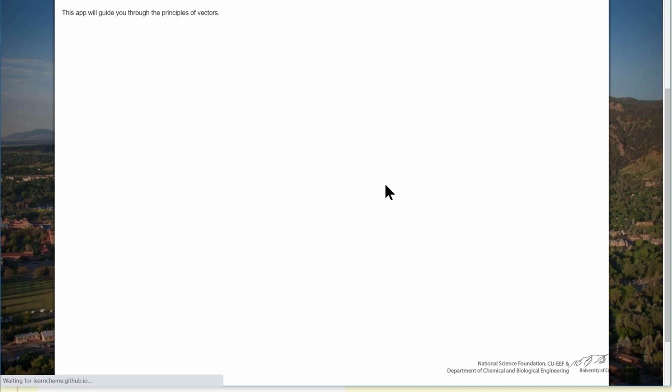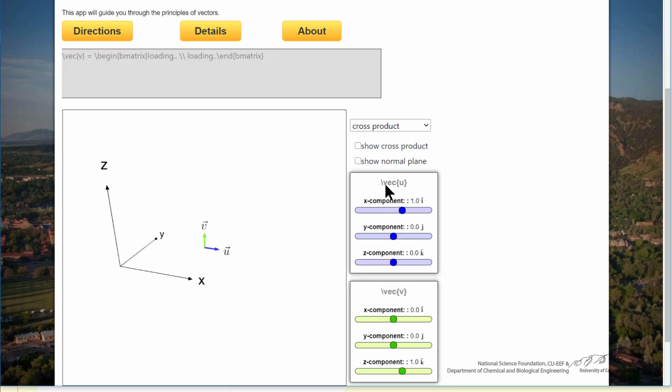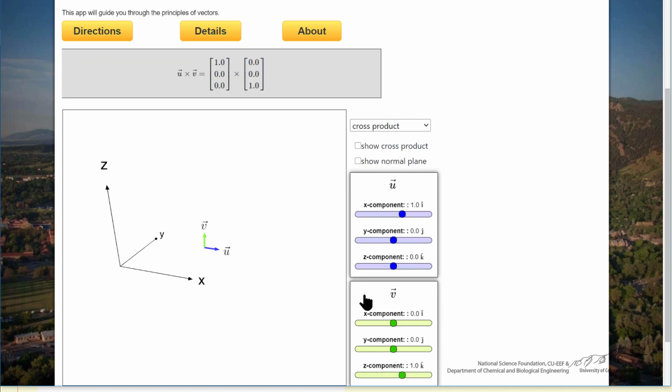And then the final calculation is the cross product. Now we have sliders that allow us to change the values of, in this case, the v vector, and the u vector.